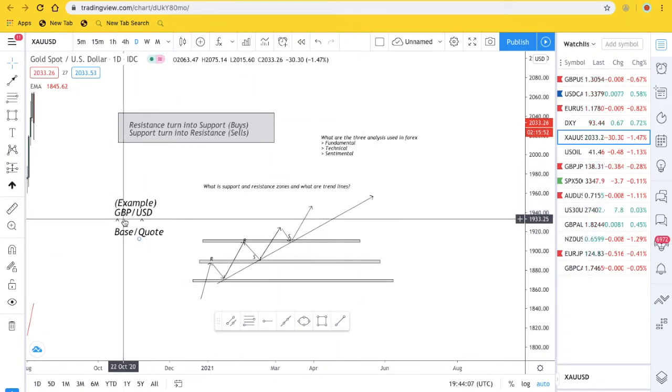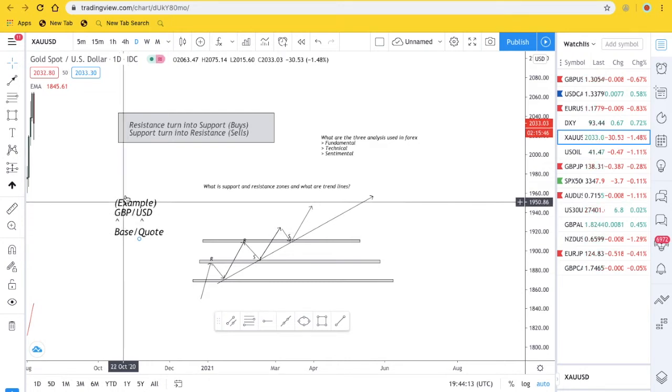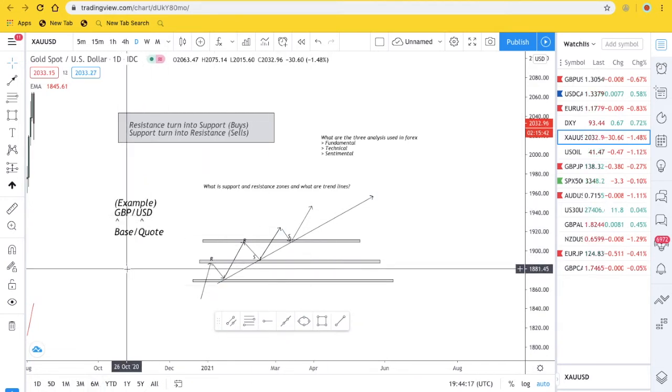That means Great British Pound, the currency for the UK, has more value than the dollar. You as a trader, you're placing your bets on the base currency. That's exactly what you're doing. You want to see if the base currency has more value than the quote currency.